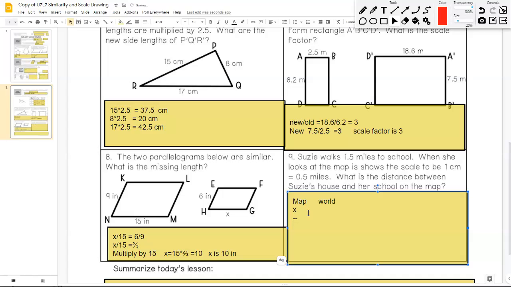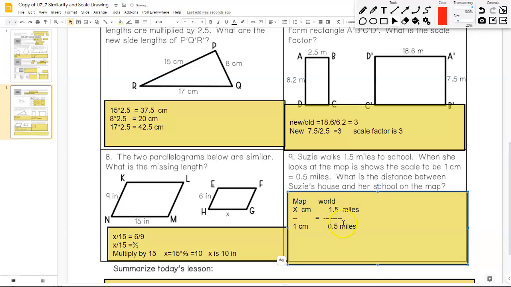So x divided by 1 centimeter is going to have to equal how far she traveled in the world divided by however far 1 centimeter is on the map. So that's 0.5 miles.